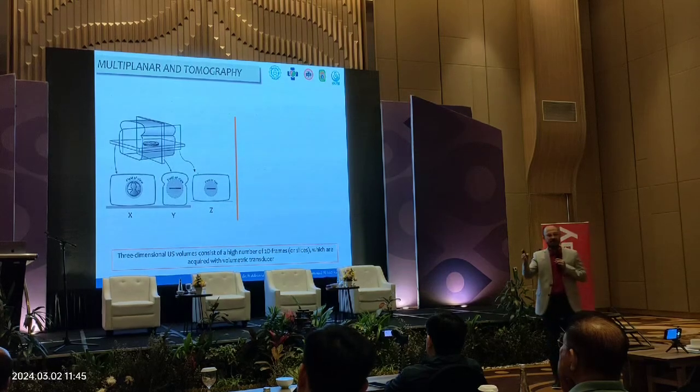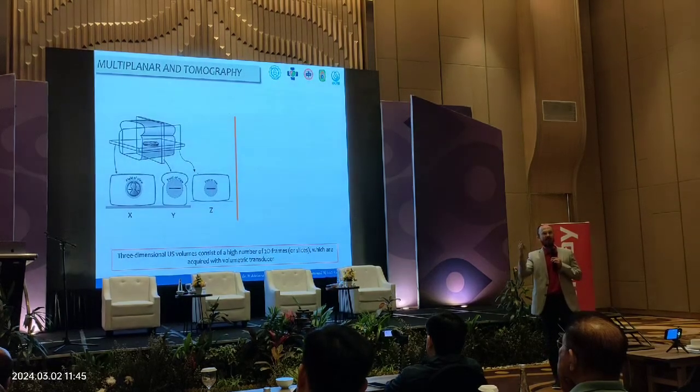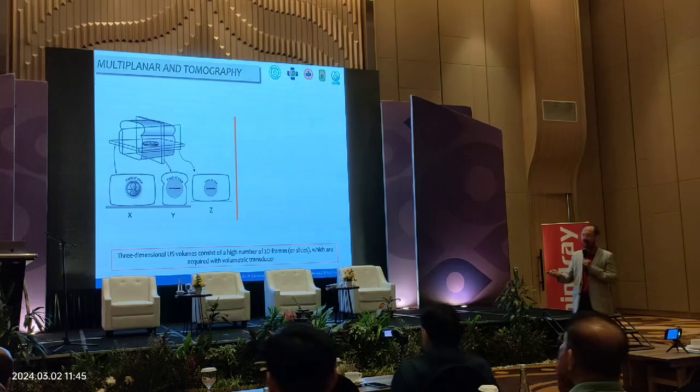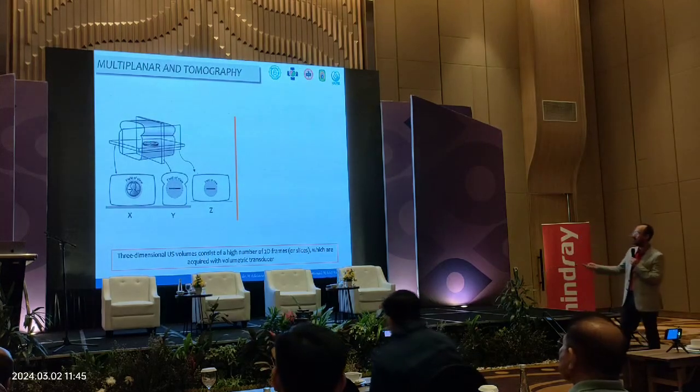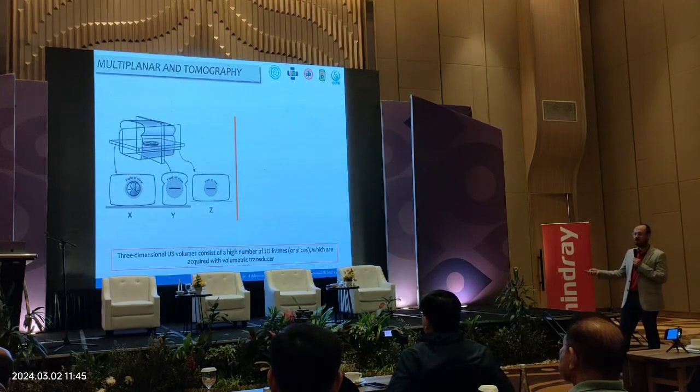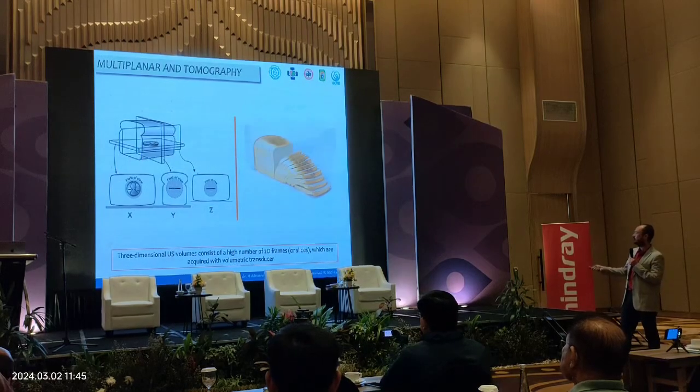Plane A, plane B, and plane C represent the three-dimensional planes X, Y, and Z. If you see a coin inside the bread and slice it in X, Y, and Z, it looks like what we are showing you in front. And then we do a tomography.